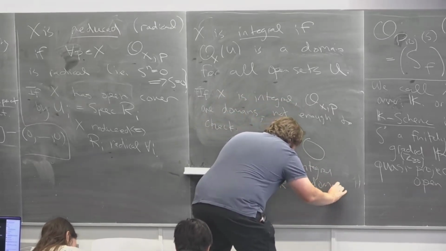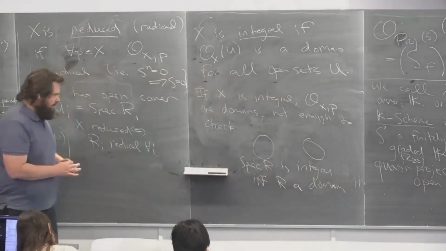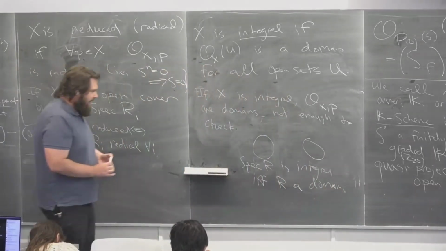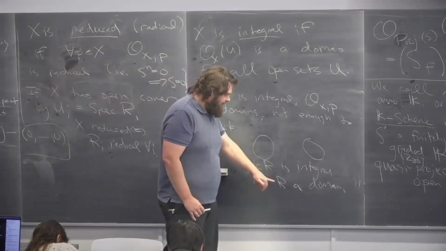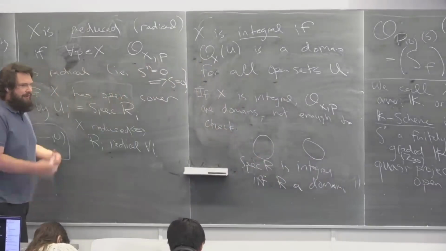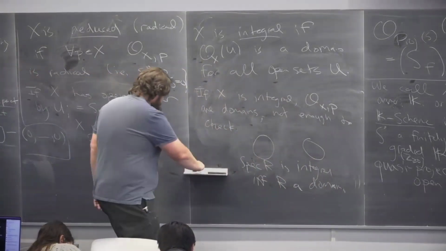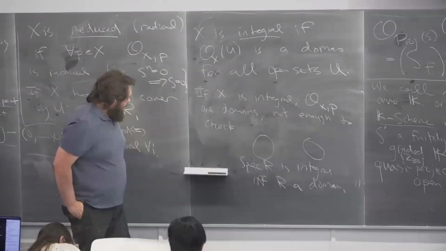And that's not completely obvious. We'll have to talk a little bit about that next time. Right, it's obvious that R has to be a domain because R is the sections on the whole open set. But why is it that if I take any open set, I get a domain?